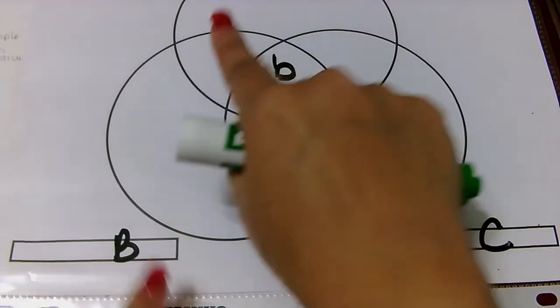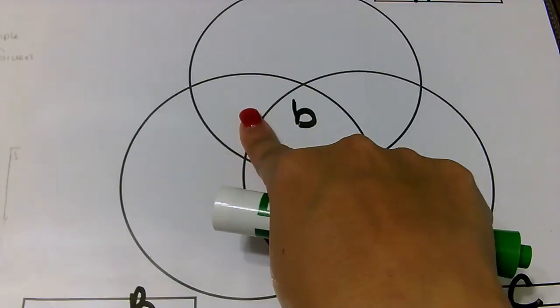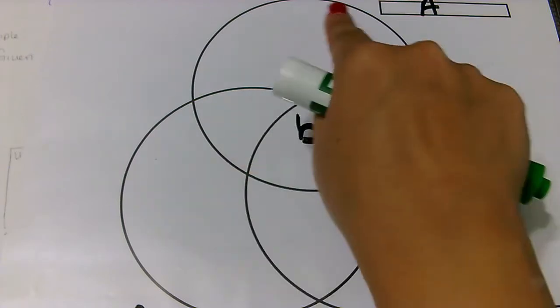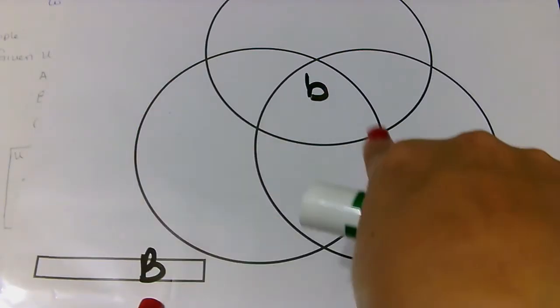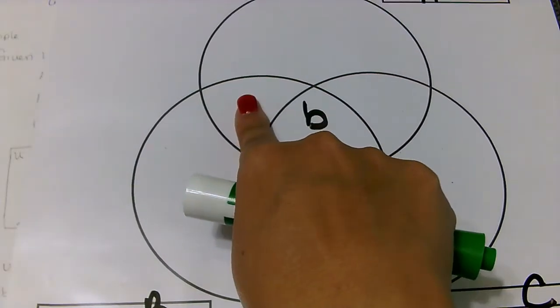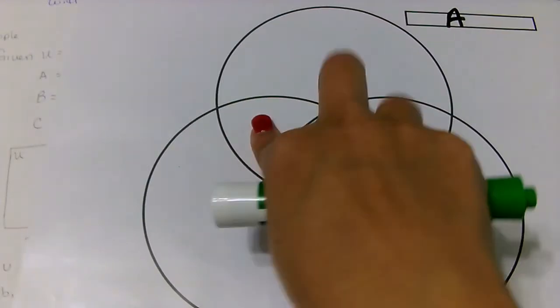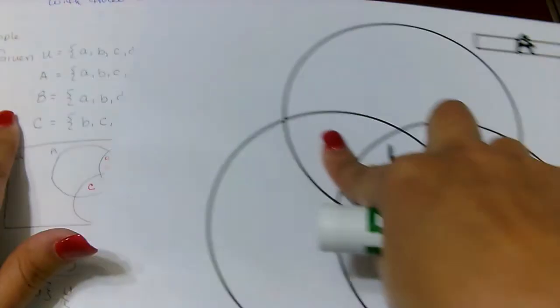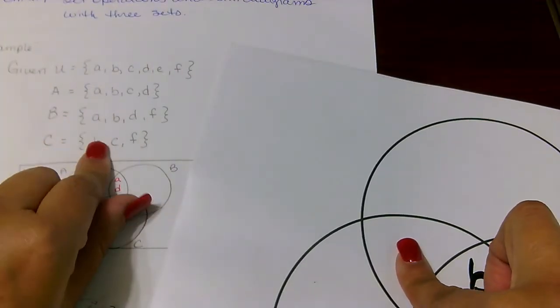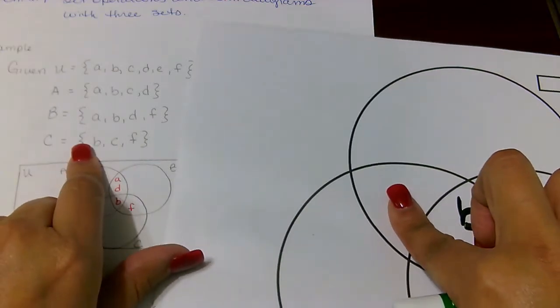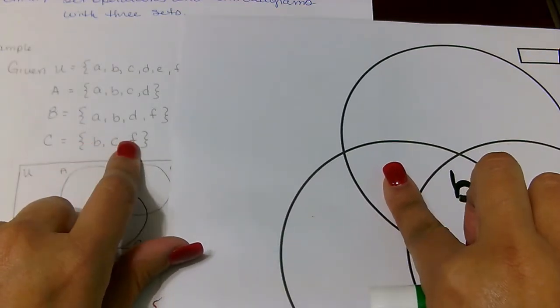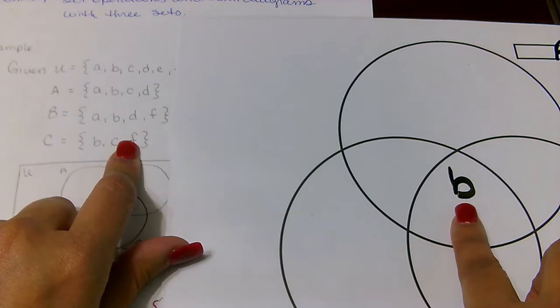So when we're working in this section here, notice that we have circle A and circle B. So right here is going to be the parts that are in common strictly between A and B. So if I look here, I'm looking for only what's in common with A and B. I still want to look at C to make sure I don't include the element that's already included for all 3 sections.